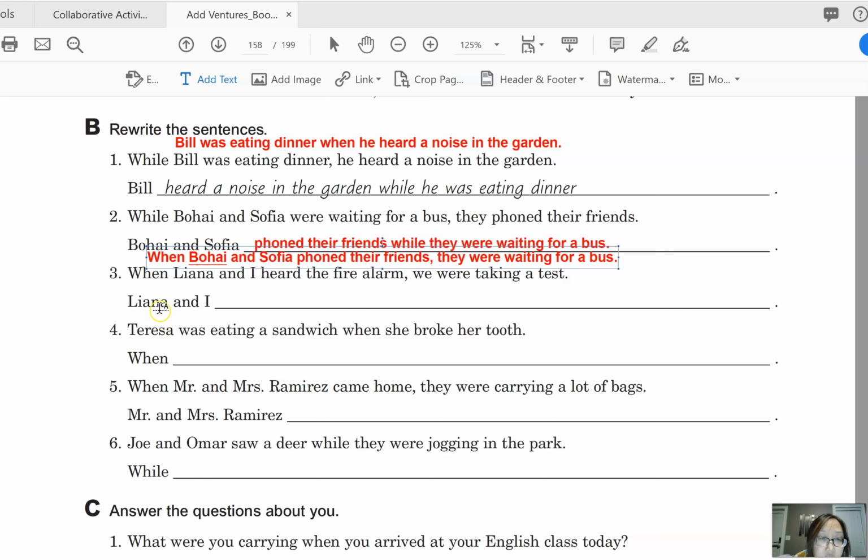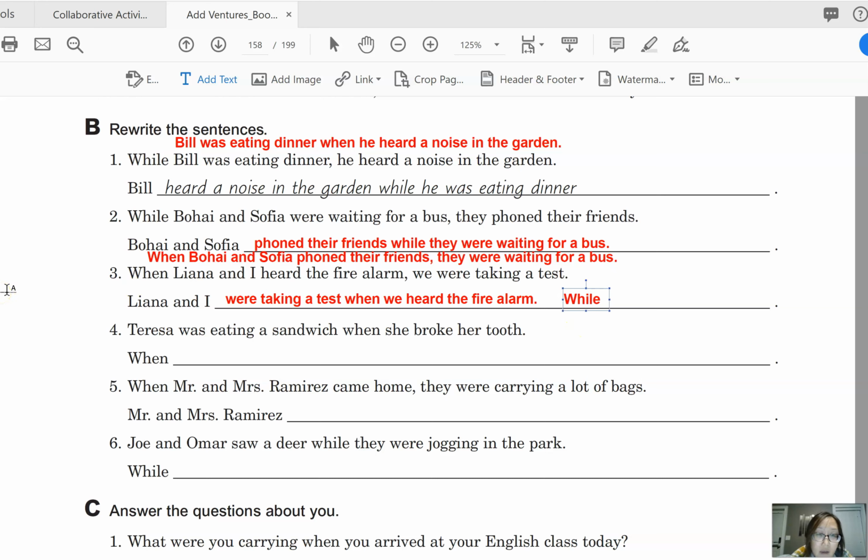And then let's do number 3. When Liana and I heard the fire alarm, we were taking a test. So we can say Liana and I were taking a test when we heard the fire alarm. Okay? Remember, this is first person plural because it includes I, so we have to say we. Let's make another sentence using while.